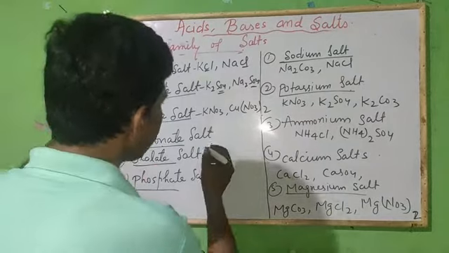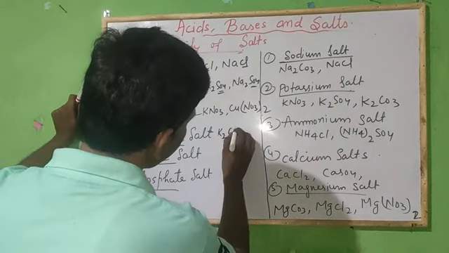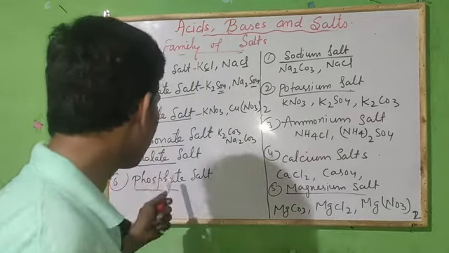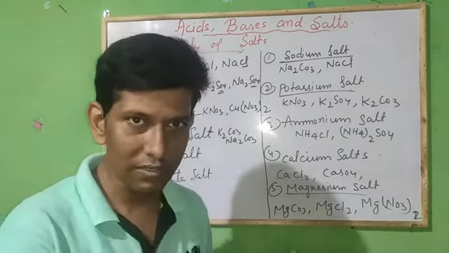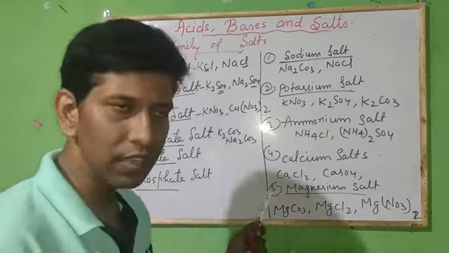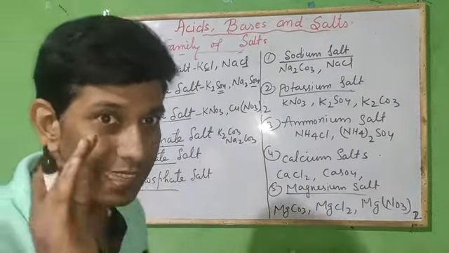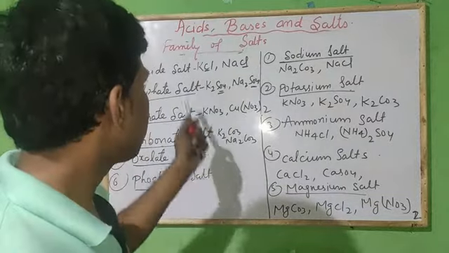Carbonate family. So many examples, potassium carbonate, sodium carbonate. In this way also the oxalate salt, if the acid is oxalic acid, and if the acid is phosphoric acid, then phosphate salt. Clear? So these are the classifications of different types of salt based on acid.